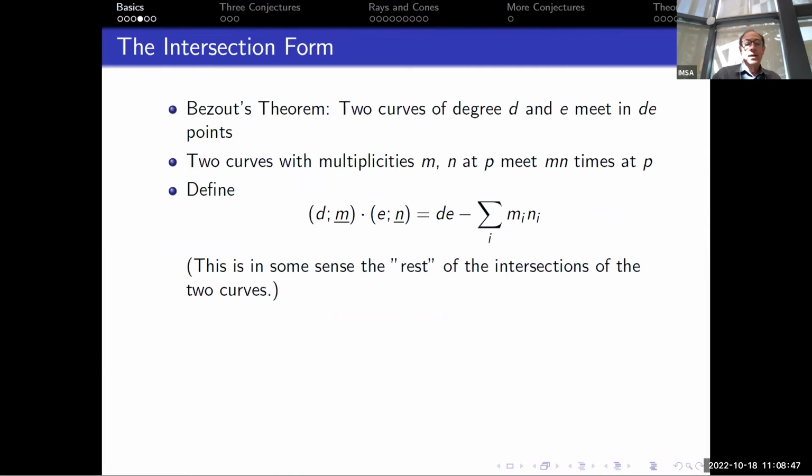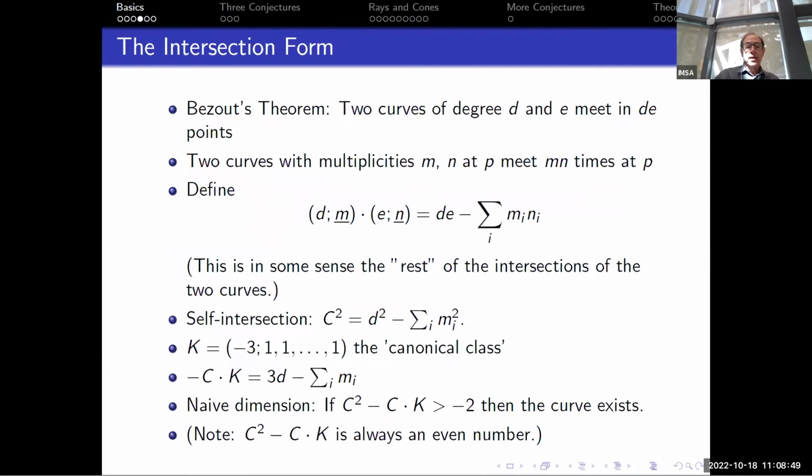This is exactly this condition here, that c squared minus ck should be big enough. In fact, bigger than -2. If that's bigger than -2, then you certainly have a curve that exists because you have more monomials than you have conditions.